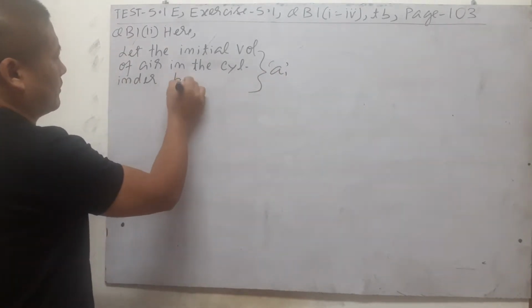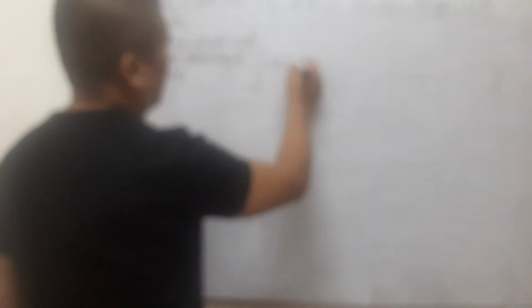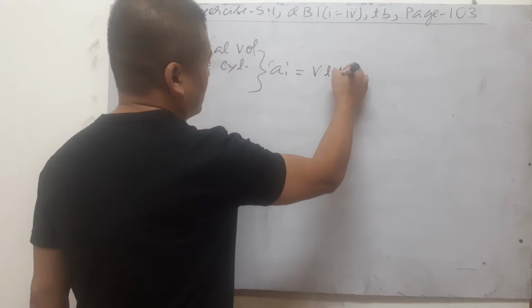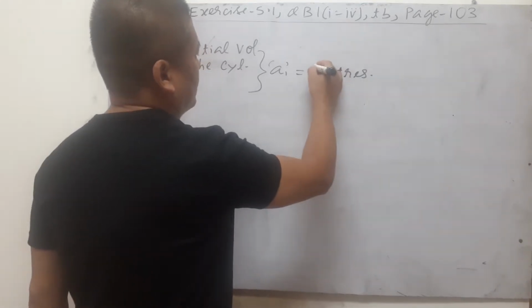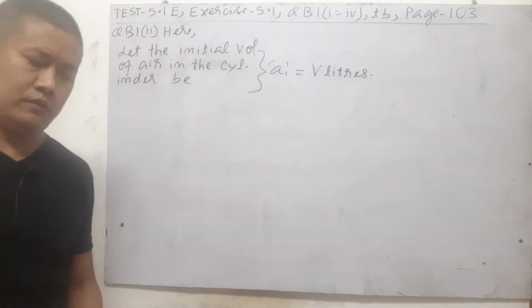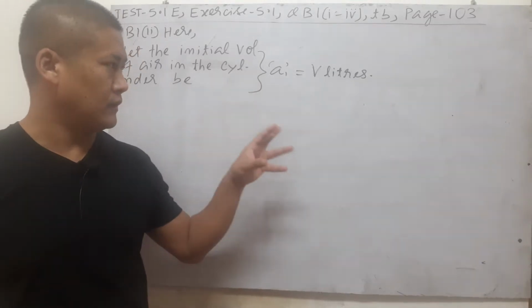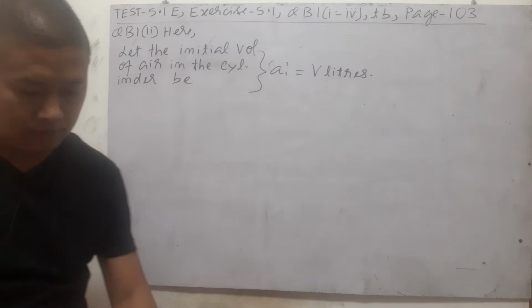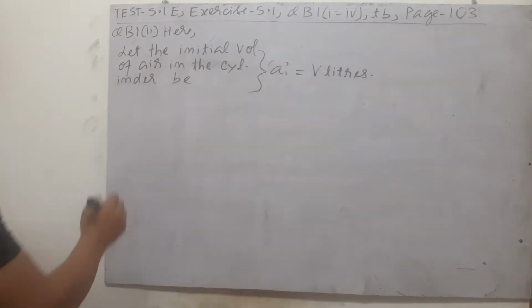A1 is equal to V liters. So we're assuming it's V in the beginning before any air is removed from the cylinder. The original or initial volume was V liters, let us say. Okay, that's representing A1.